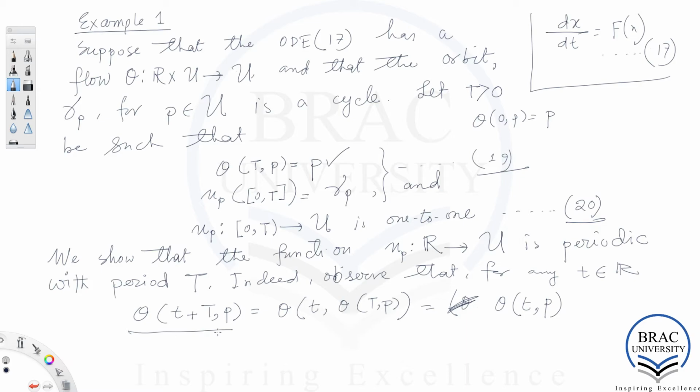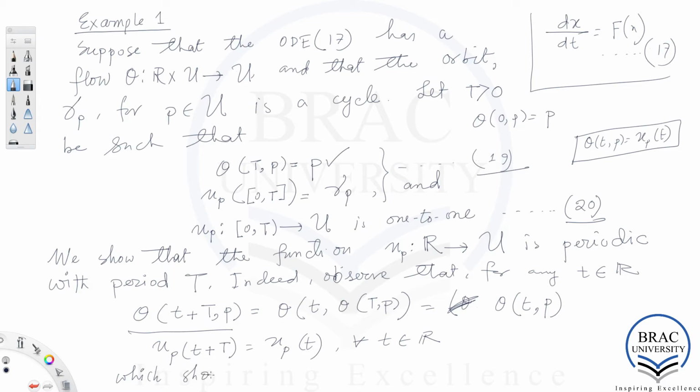We therefore know that theta t comma p is u sub p of t. We already know from the definition of the flow that this holds, so from which it follows that u sub p of small t plus big T is equal to u sub p of small t for all t in R, which shows that u sub p is periodic.